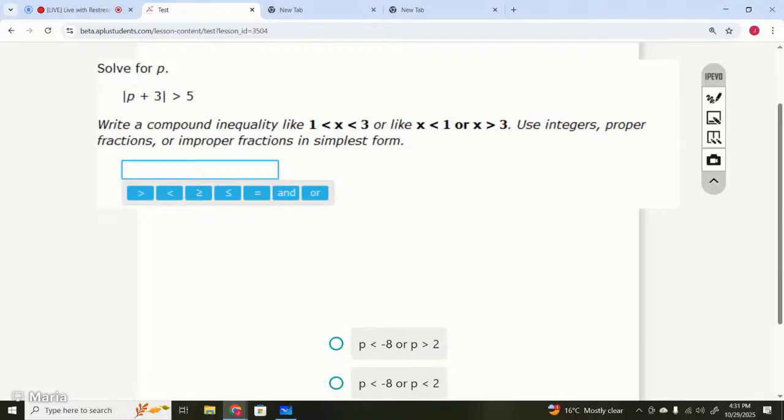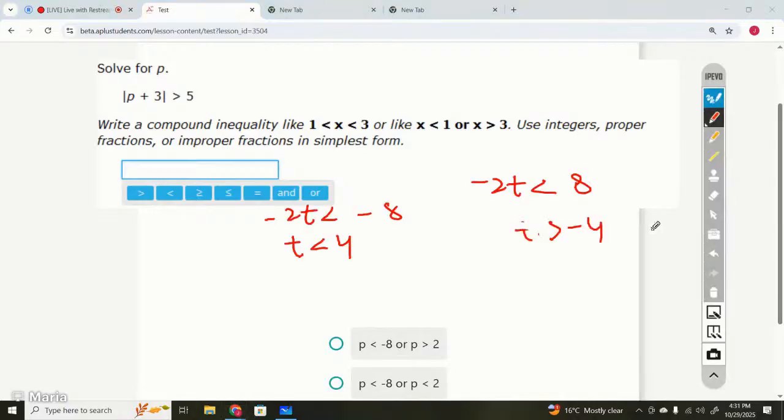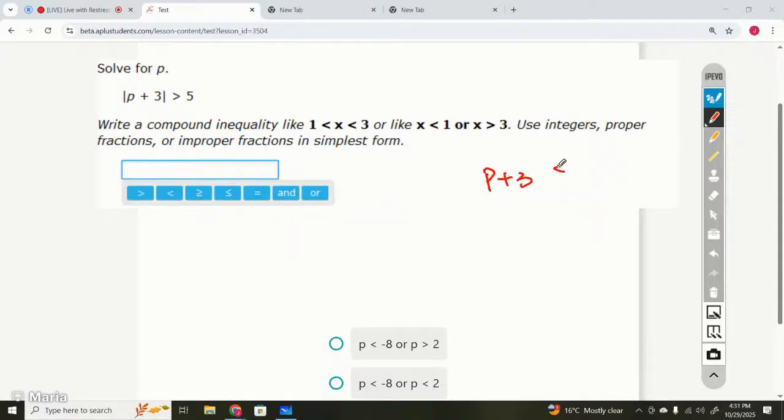Absolute value of p plus 3 is greater than 5. P plus 3 is greater than 5.